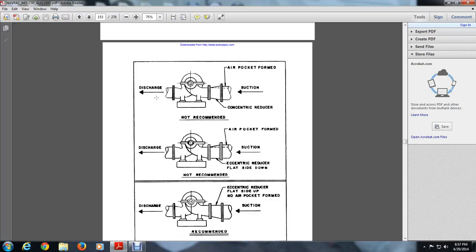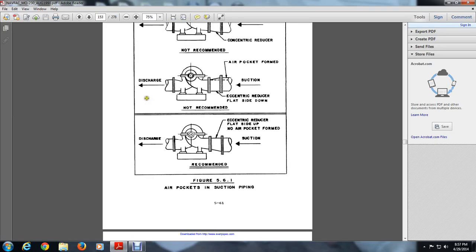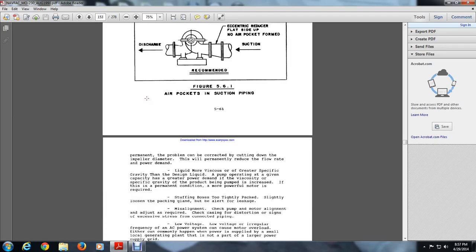These are centrifugal pumps, and the air pocket formed in a suction eccentric reducer with the flat side down is not recommended, as the air comes out through the discharge. With the eccentric reducer flat side up, no air pocket is formed, and suction goes through and out through the discharge, which is recommended. You want the eccentric reducer flat side up so no air pocket forms when you're going through a suction pump and out through the discharge.